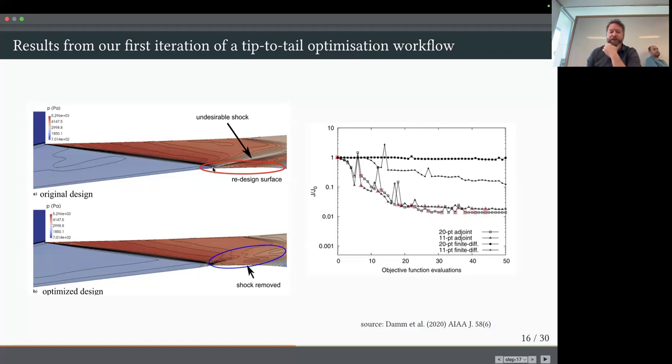So as a benchmarking exercise, lots of CFD people like to come in and do a deep dive on this part of the surface and see if they can redesign it. So we did that as well to put our adjoint method in context. And you can see the result of the optimized design. It has removed the shock and achieved the target pressure ratio. That was the design.